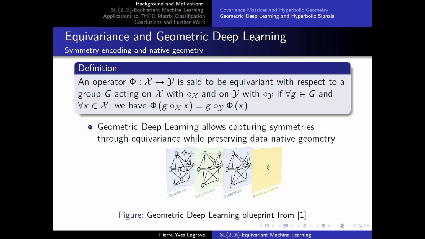Here, for our covariance matrices, we don't want to represent them as arrays of numbers. We want to keep the structure that we have for them. Here you have an example of the blueprint, extracted from a book by Bronstein that is very useful if you want an introduction to geometric deep learning. I put that in the references.